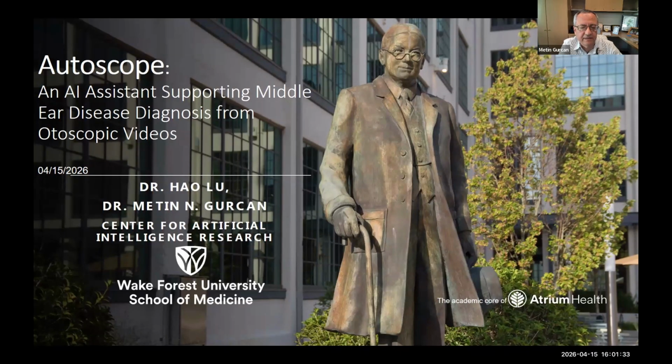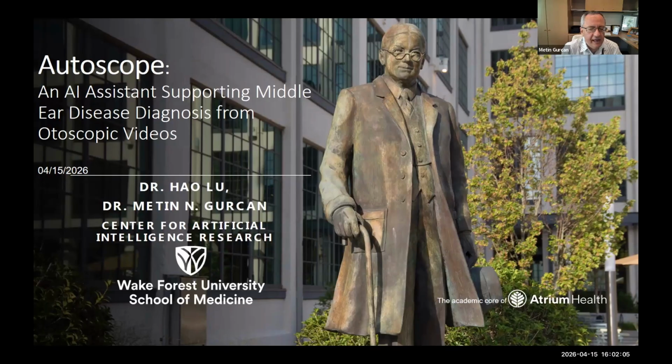Today's talk is titled An AI Assistant Supporting Middle Ear Disease Diagnosis from Otoscopic Videos. In this presentation, Hao will address a long-standing clinical challenge. Middle ear diseases such as otitis media are among the most common causes of hearing impairment worldwide, yet diagnosis via otoscopic examination remains heavily dependent on clinician experience.